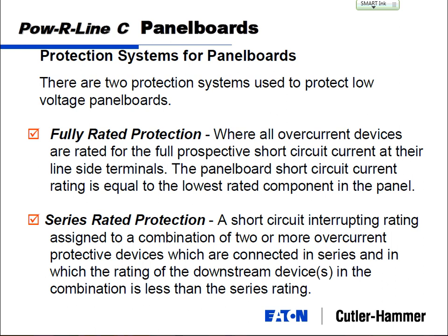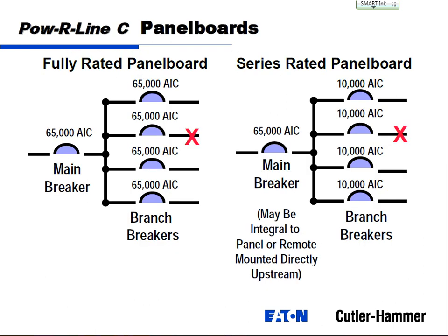The upstream device, such as the main breaker, needs to have the full rating. So if you have 65,000 amp fault current, you need to have a 65,000 amp main breaker. However, what UL allows is testing between this main breaker and the feeder breakers. I want to use these feeder breakers versus lining up a bunch of these feeder breakers. And if we test those, we can call it series rating.